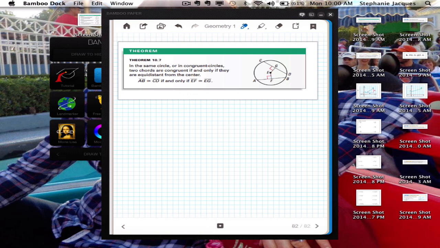And if they are equal, those two chords are congruent. In this case, they're saying it down here: AB is congruent to CD if EF is congruent to EG. So that's all you need to know today, and we'll work on it tomorrow.